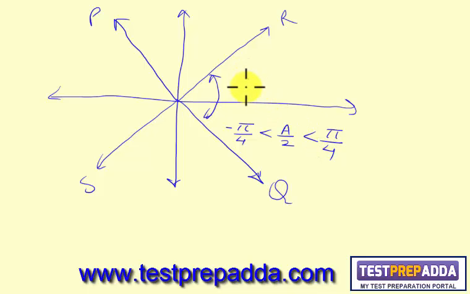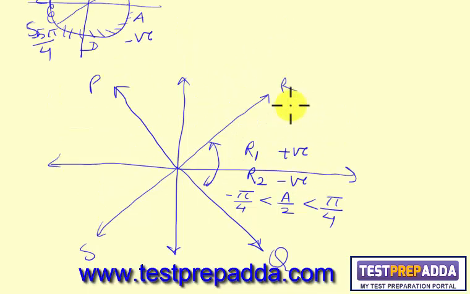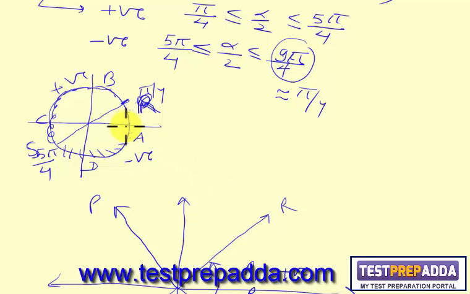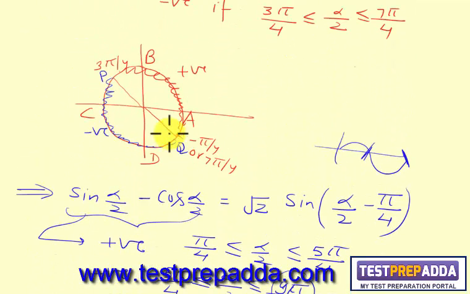Here the relation 1 is positive, relation 2 is negative. You can see in the diagram here negative relation 2, while relation 1 here it is positive.